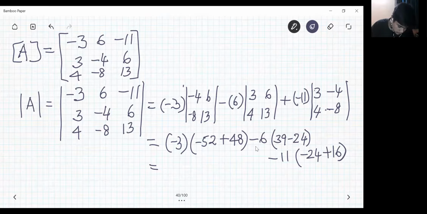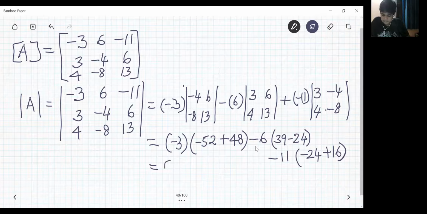A equal to? Sir, minus 3 into minus 4, sir. Correct. That's plus 12. And again, minus 6 into 15 is minus 90.